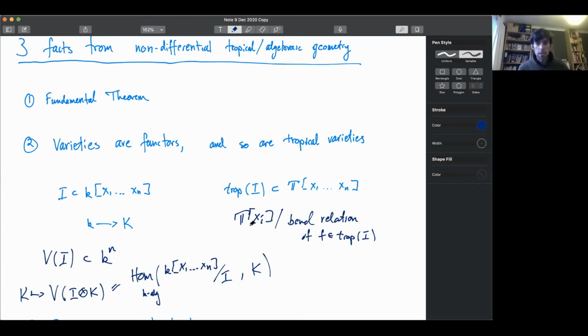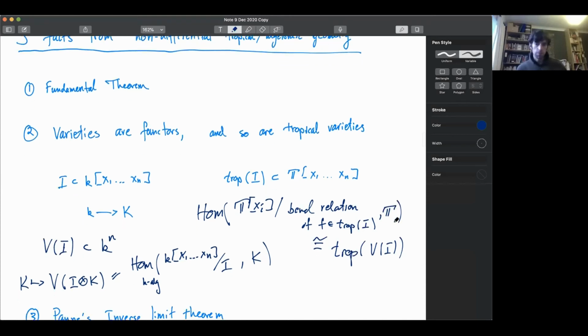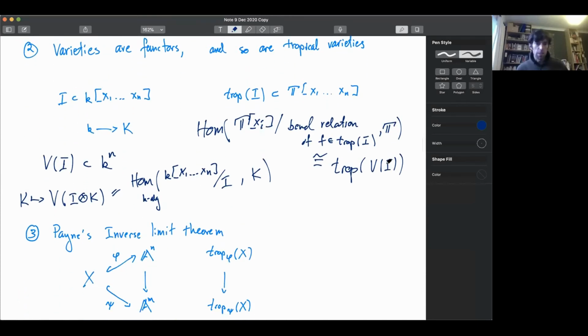And if I look at homomorphisms from this into T, this gives me the tropicalization of the variety of this ideal I. And now, if you want to think about a functor, you can replace this T with some other semi-ring. Okay, so that's fact number 2.